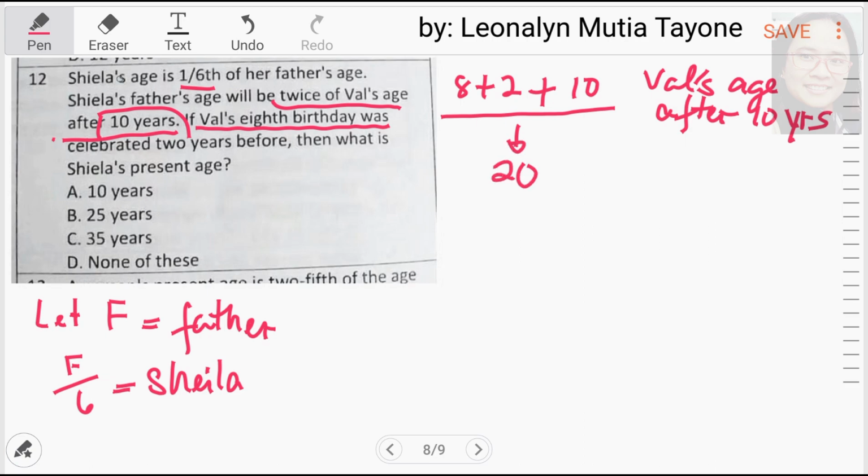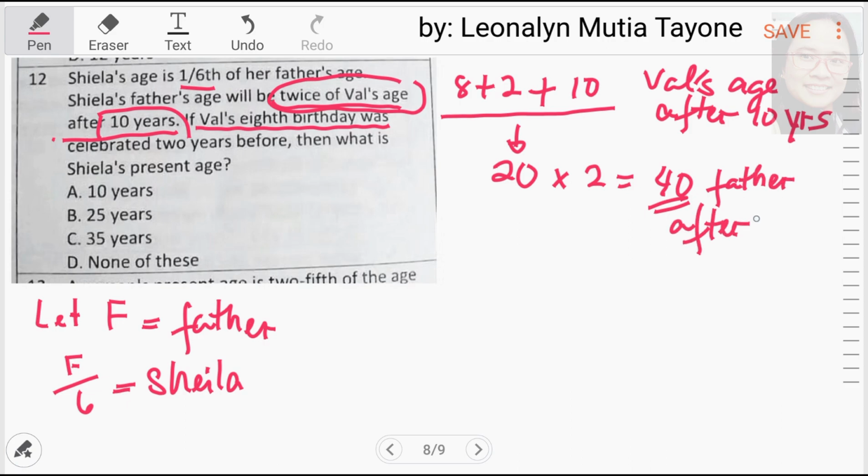Balikan natin. Sheila's father's age will be twice of Val's age after 10 years. Twice means i-multiply mo ng 2 si 20 and that is 40. Ang 40, yan yung edad ni father after 10 years.